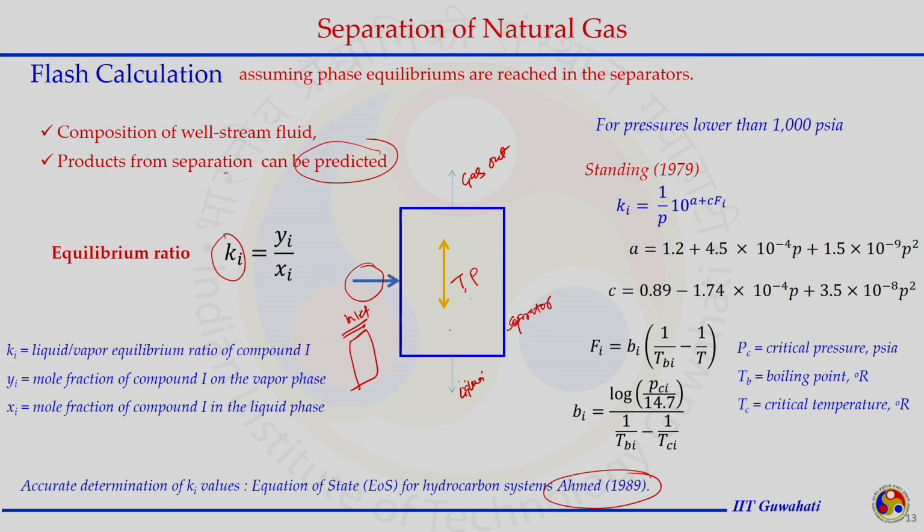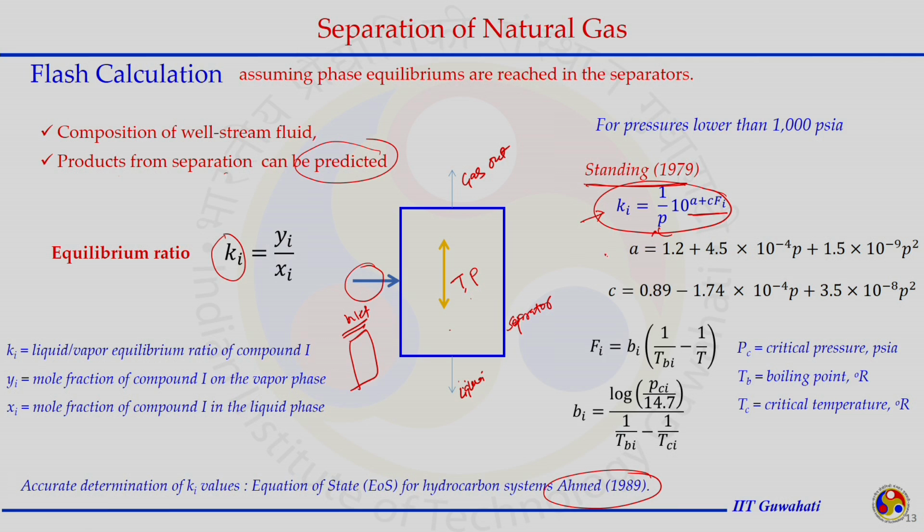Another way is presented by Standing in 1979, and that method says you can predict the Ki equilibrium ratio value for a particular component i using this expression, and that expression has pressure in the denominator and some coefficients A, C, Fi.